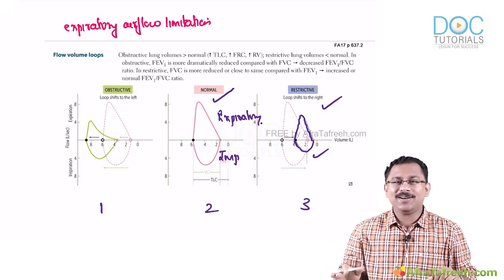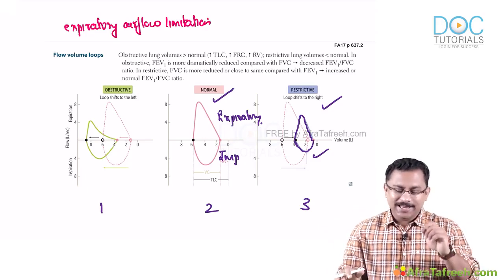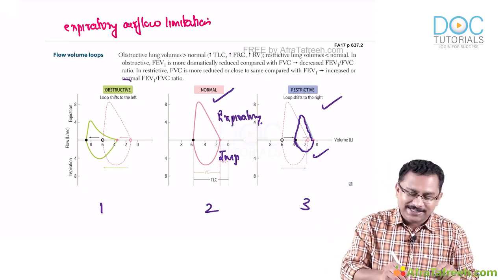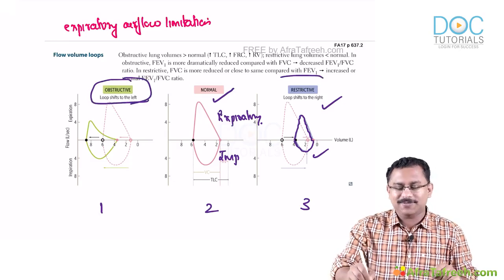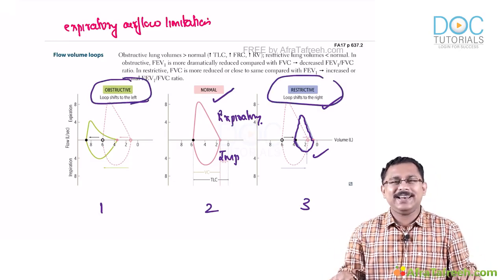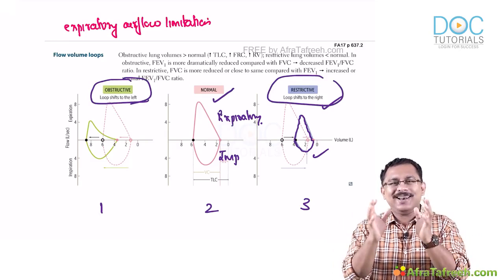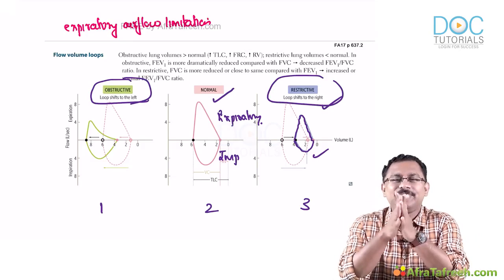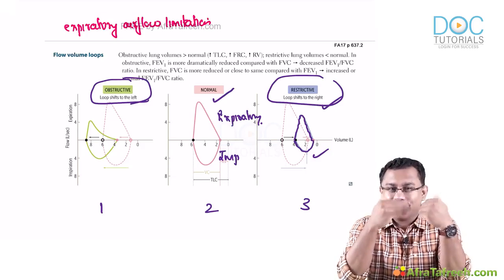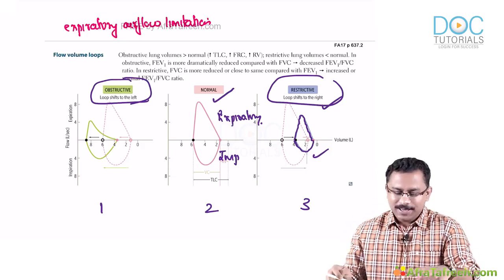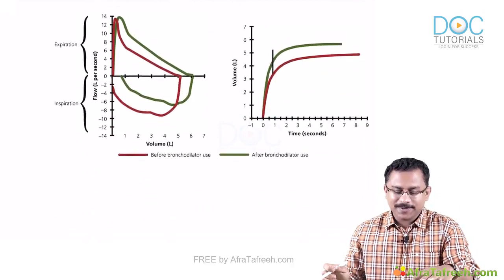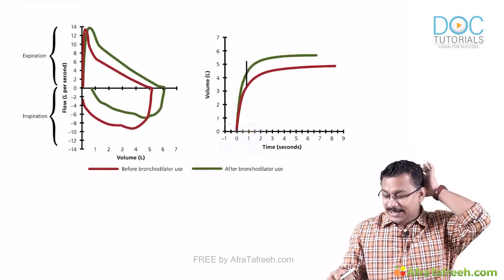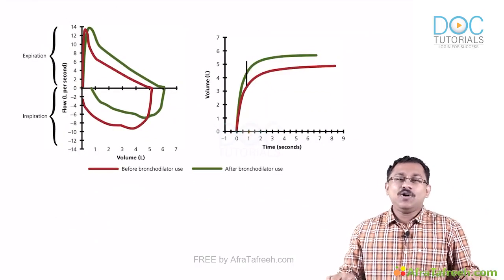So that part you have got to keep in mind. Most likely in the exam, they might give you an obstructive or a restrictive lung disease, and when you have a normal appearing loop, very small, that is likely to be restrictive, and for obstructive always look for the concavity in the loop.